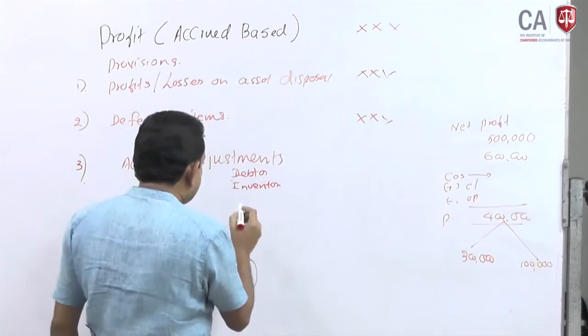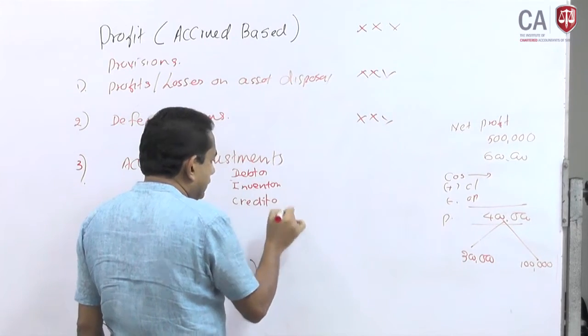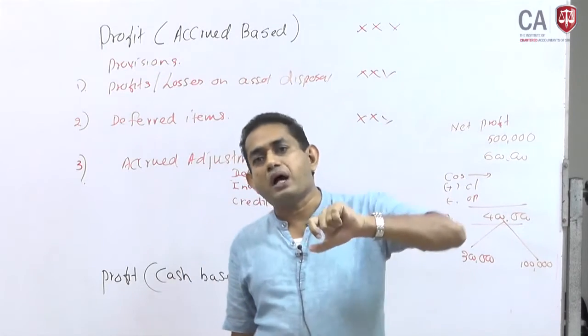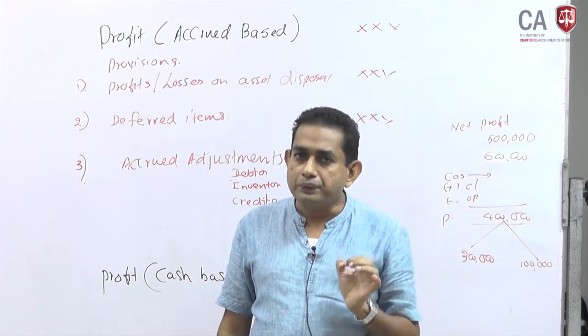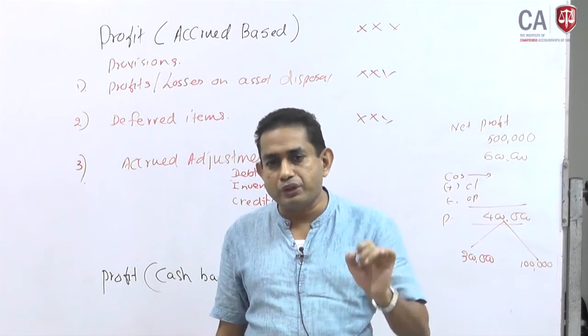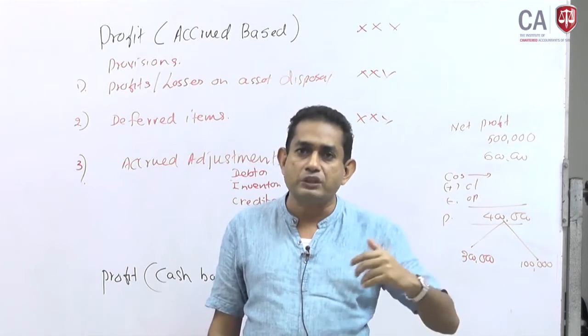Then again we are adjusting creditors here. Why are we adjusting creditors here? Because the purchases which are included on accrued basis in the profit calculations are now transformed and converted from accrued basis to cash basis.